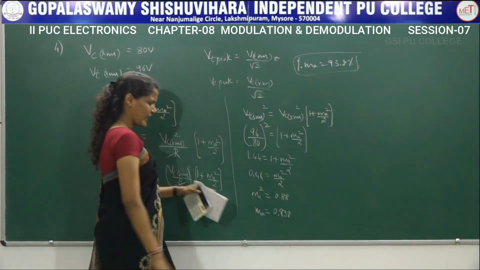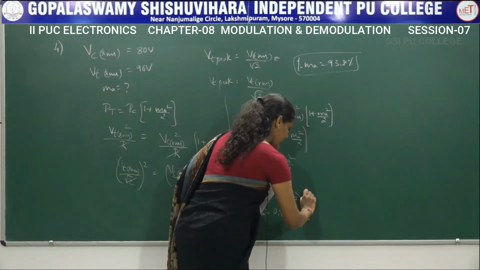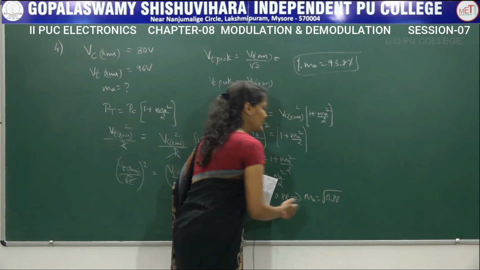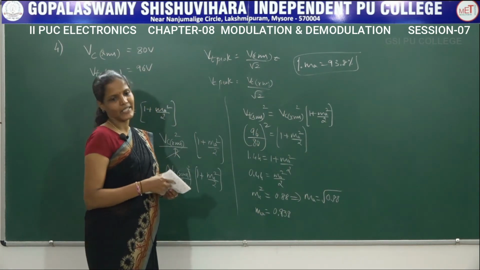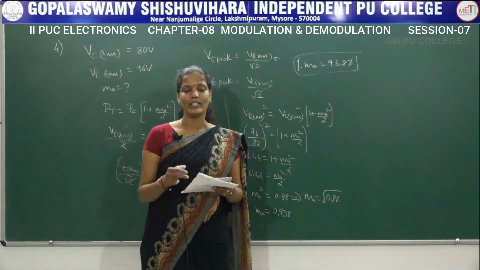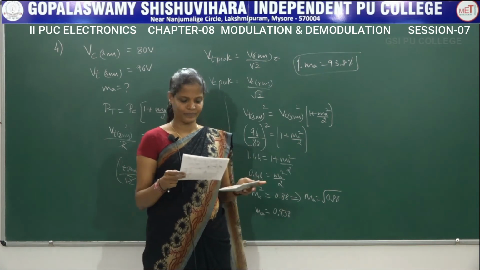Clear? So why did I take the root over here? MA square is equal to 0.88, whereas MA is equal to root of 0.88, which gives me 0.938, or the percentage of modulation is equal to 93.8%. Clear? Now we'll move on to the next problem.